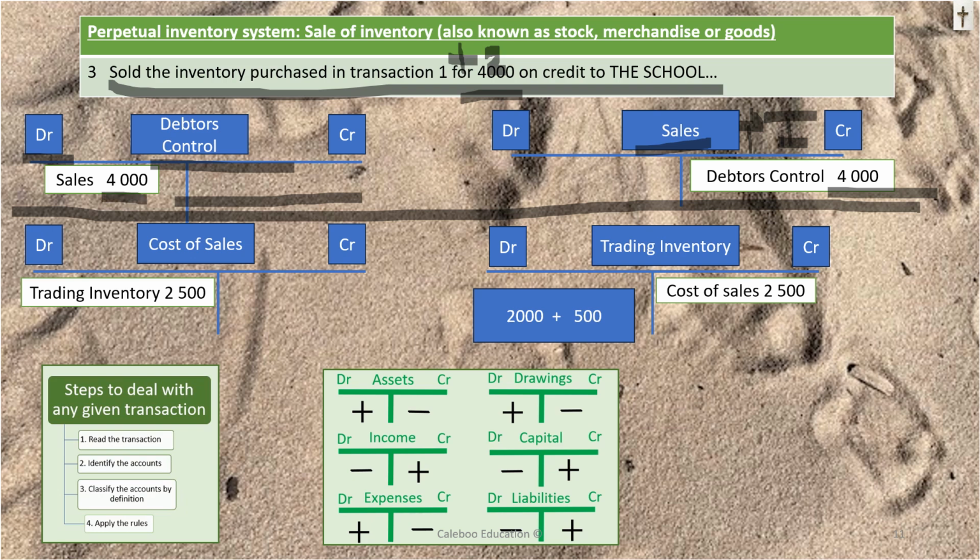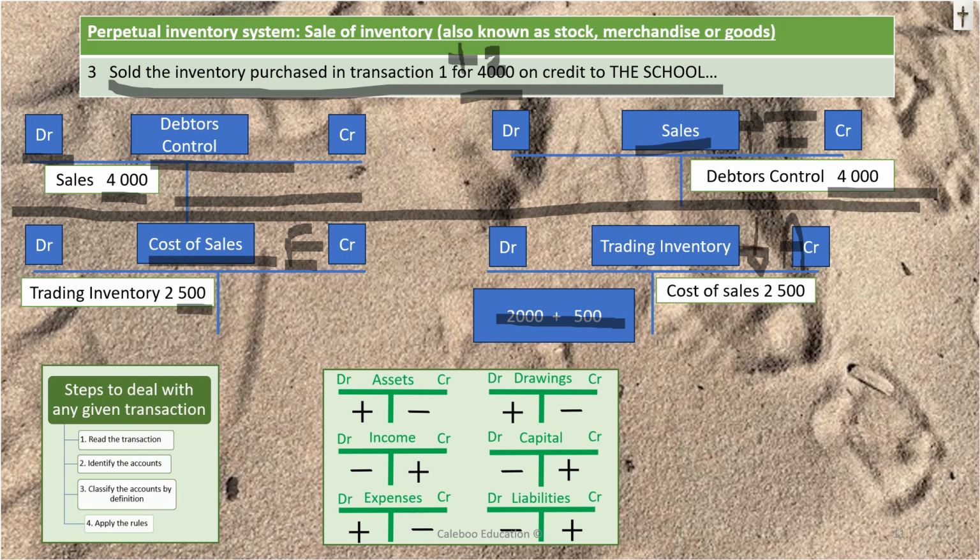Part B, expense the trading inventory. I'm going to take that out for now. If I expense the trading inventory and I'm only looking at this transaction, cost of sales is debited, increase in expense. Trading inventory is credited, decrease in assets.